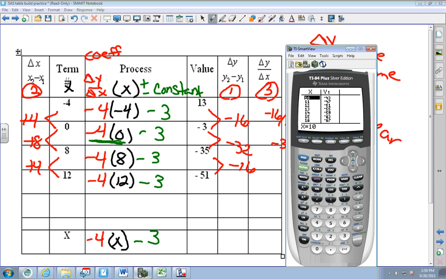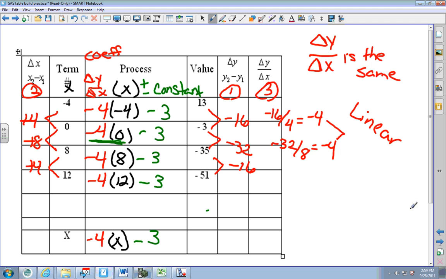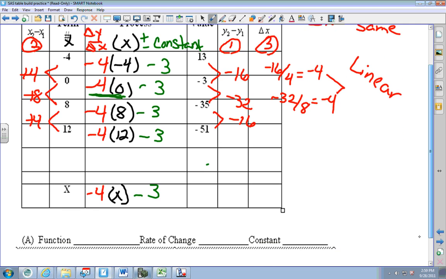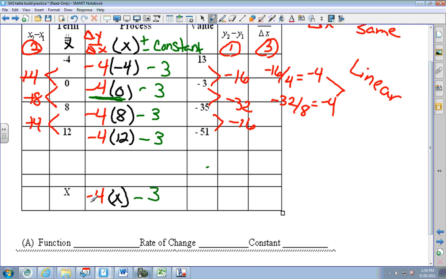Okay, so now I'm going to go to 8. Sure enough, there's 8, negative 35. And I've got 0, negative 3, negative 4, and 13. Woohoo! That means I'm right. Now if I go down here and answer my questions, my function, I can write it as f of x equals negative 4x minus 3, or I can write y equals negative 4x minus 3.